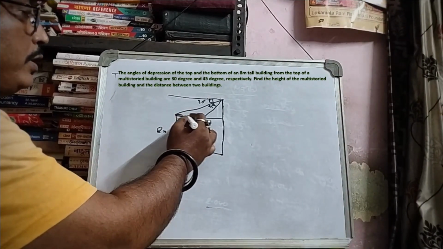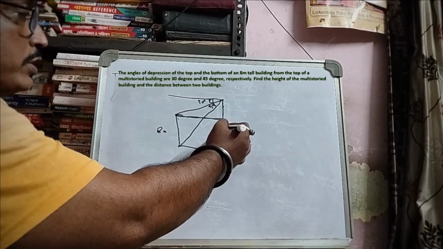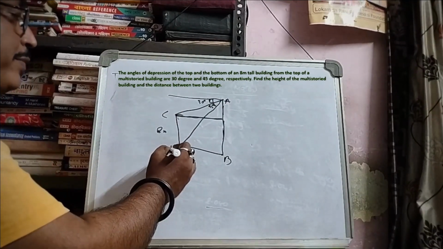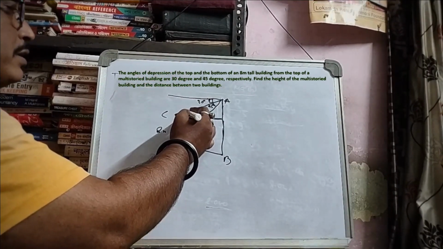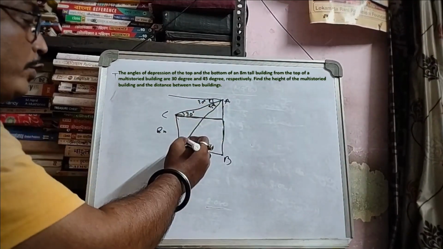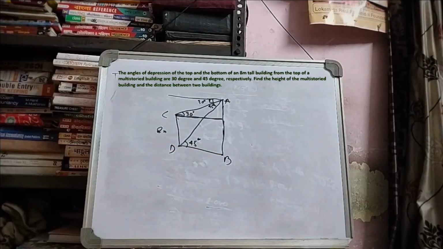We will draw a line to this line. If AB is the multi-story building and CD is the 8-meter tall building, the angles of depression are equal to these angles, because they are alternate angles. Both are the same, 30 degree and 45 degree.